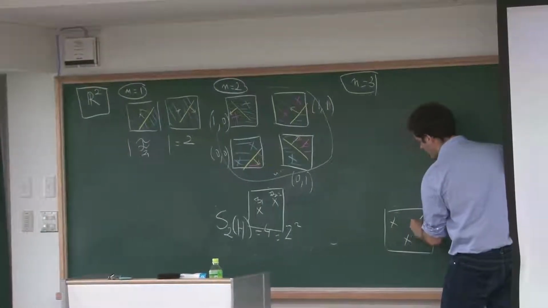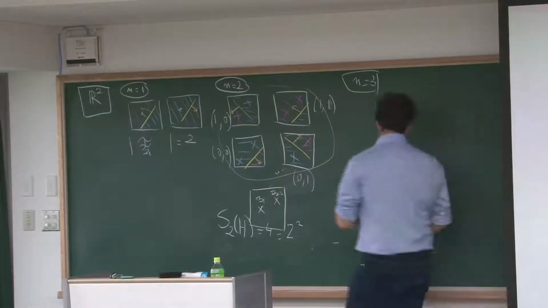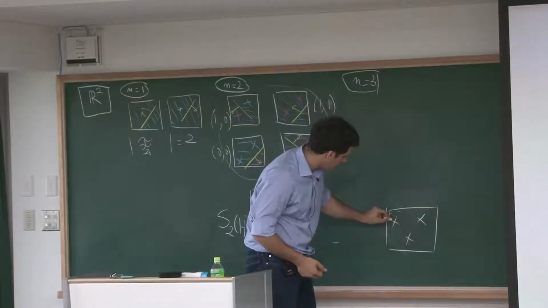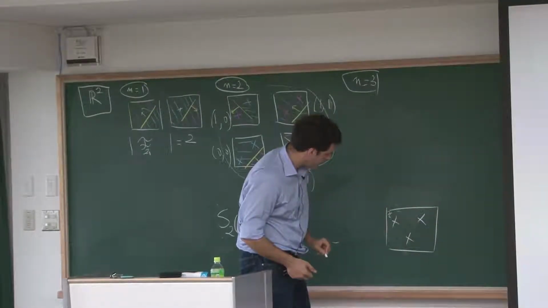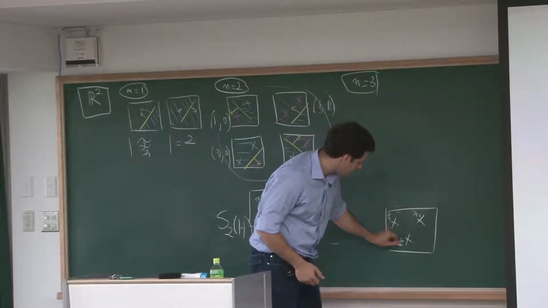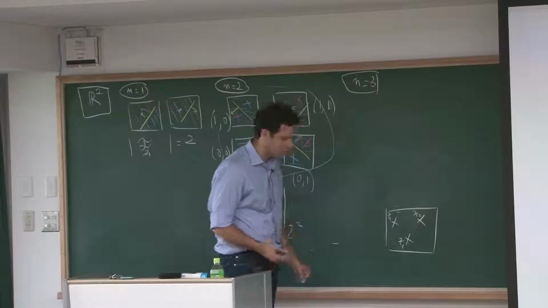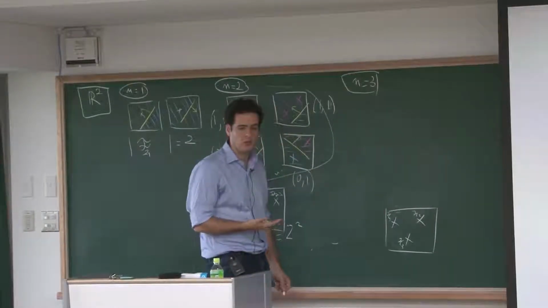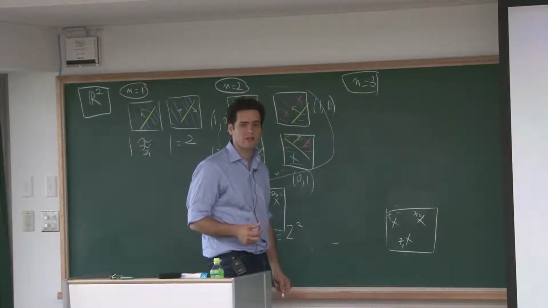So I'm not going to do all the examples, but let's say it's x1, x2, x3. So again, do you think that I can do all possible different combinations of labels?